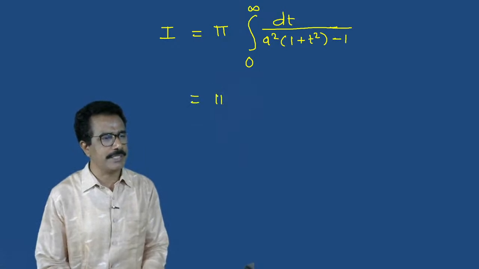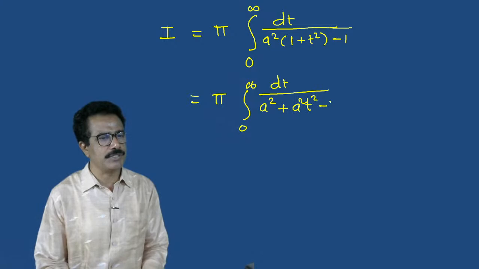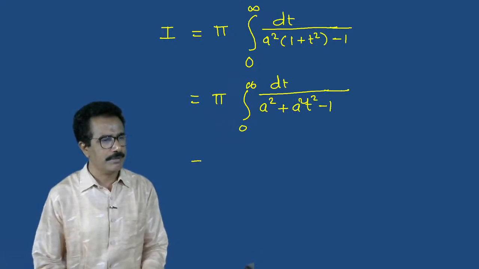Now again solve this: the integral from 0 to infinity of dt divided by a square plus a square t square minus 1.